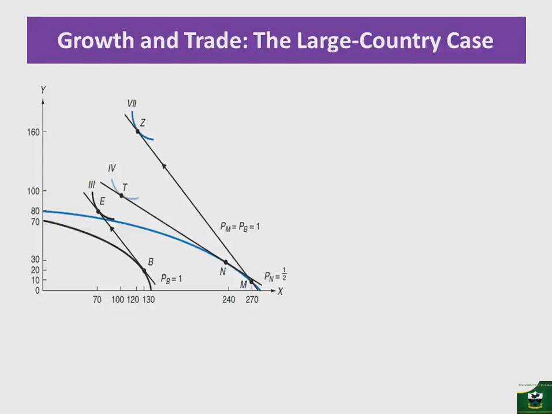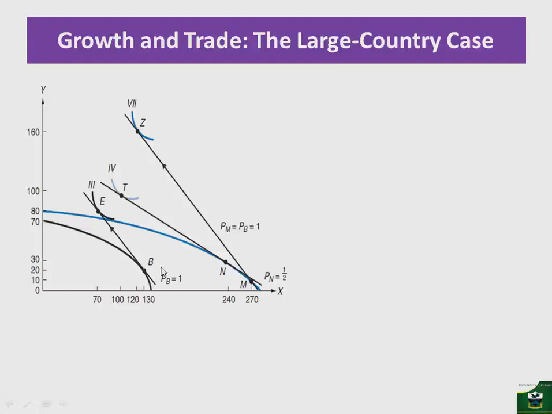At this point, the nation will produce 130 units of X, and by trading with nation 2, it will export 60X and import 60 of Y and consume at point E. So with the terms of trade deteriorating from 1 to say a half, the nation will have to face a different angle of trade.